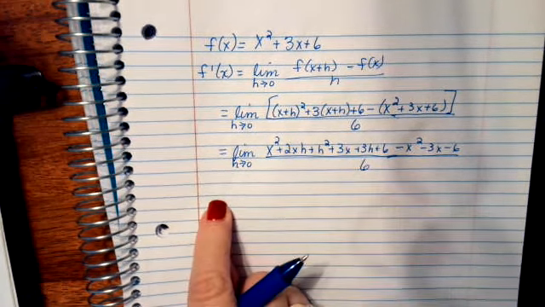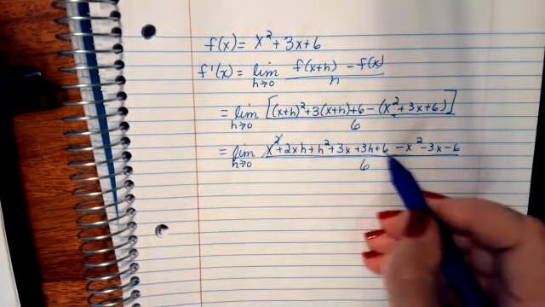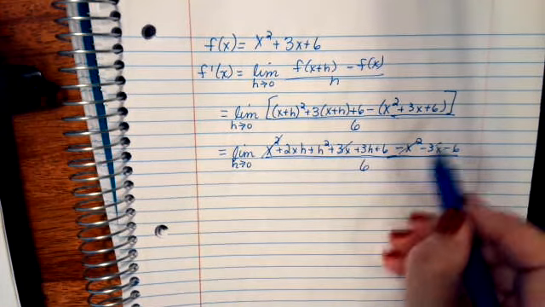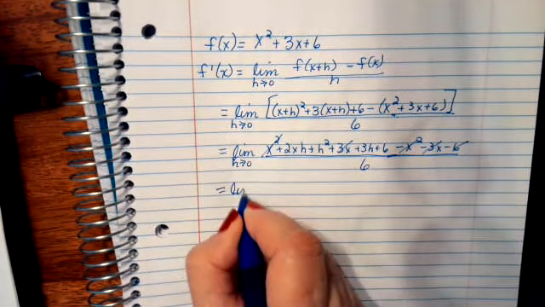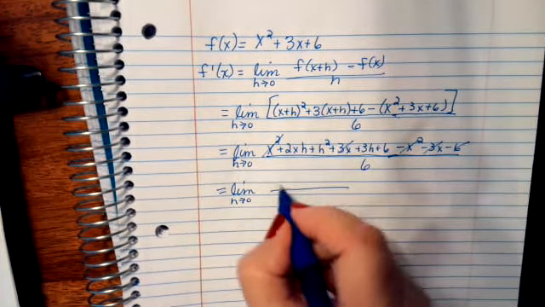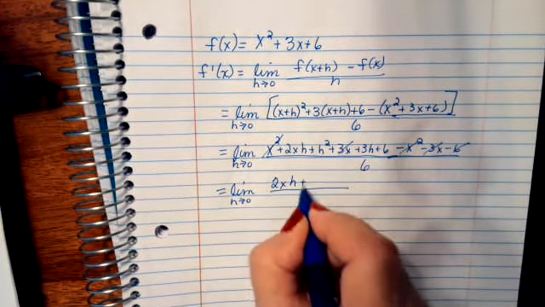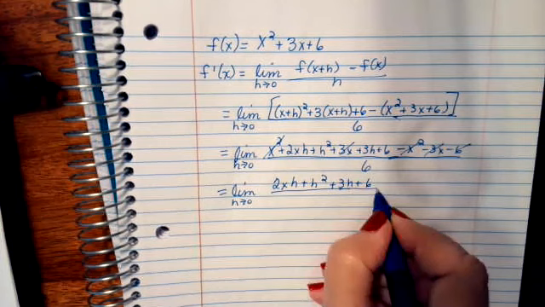And remember over there where I subtracted the same quantities from both sides? Well, right here, when I do this subtraction and simplification, I get the very same result. Equals the limit as h approaches 0 of 2xh plus h squared plus 3h, all over h.